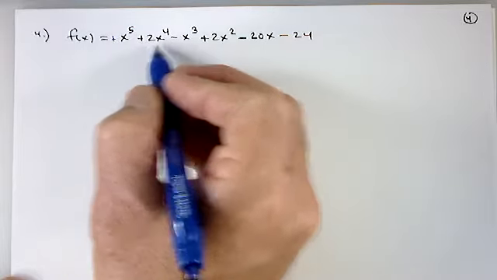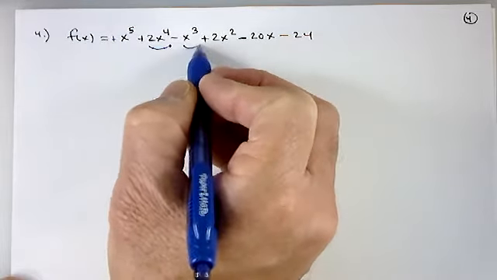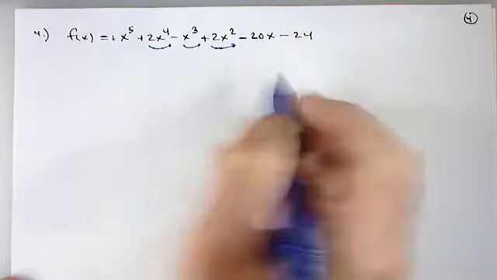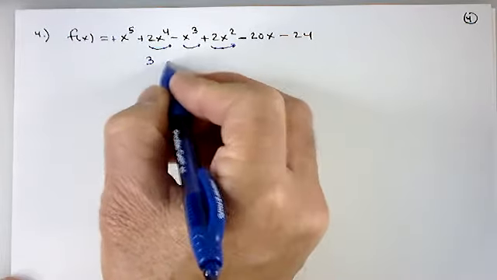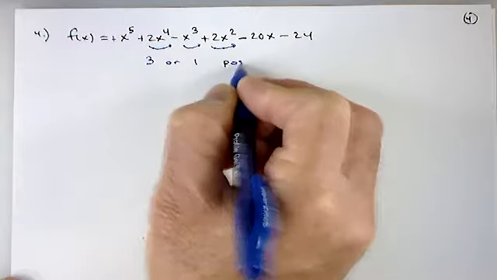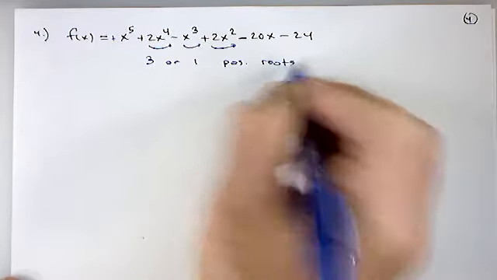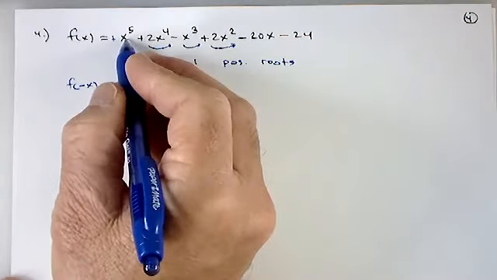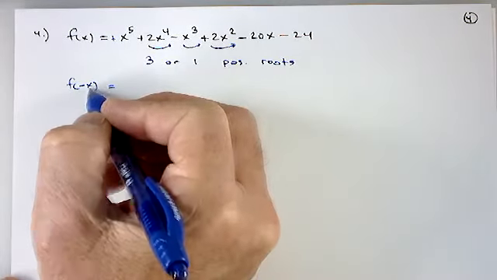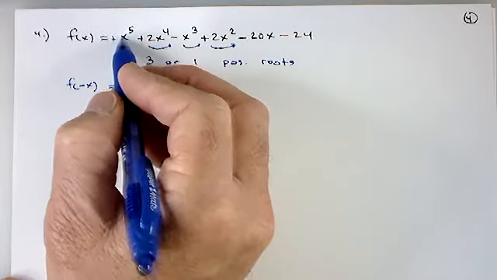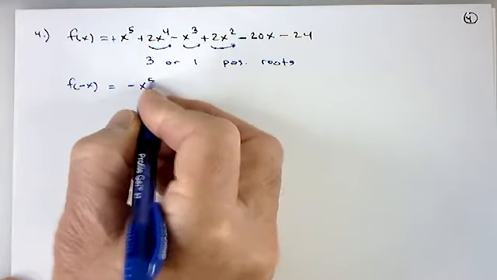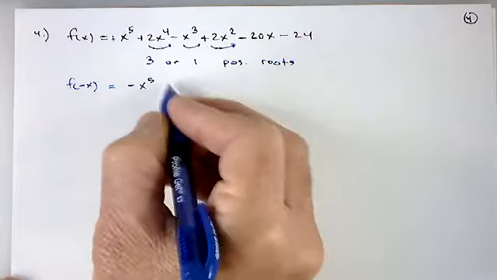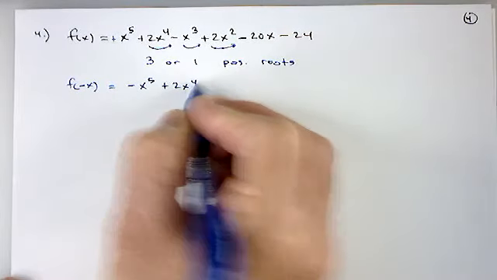So our original function has 1, 2, 3 sign changes. So we have 3 or 1 positive roots. F of negative x. So you've seen what happens. Anytime you plug a negative x into an odd power, it's going to change the sign. That's going to be minus x to the 5th. But if you plug it into an even power, it's going to stay the same.